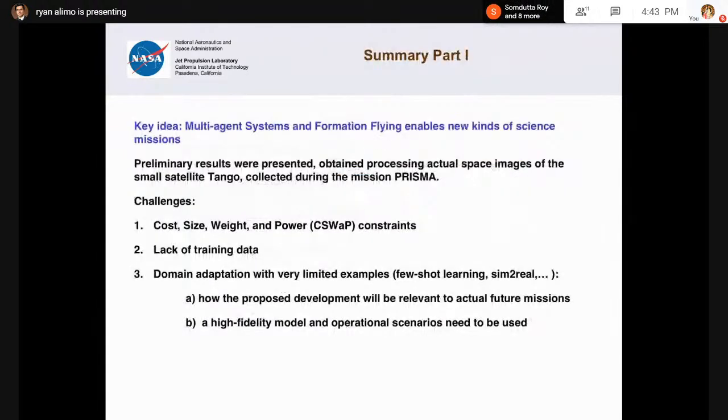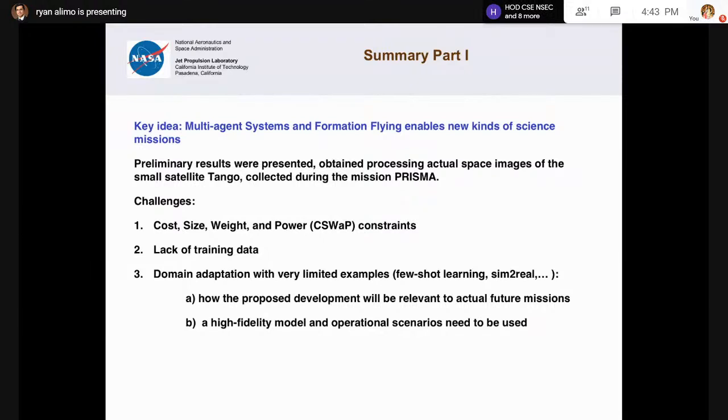And so as a summary of part 1, we see that multi-agent systems and distributed systems and formation flying enable us new kinds of science missions. The preliminary results were presented, as you saw, on different applications, Tango spacecraft and Prisma mission, and also in-orbit assembly.